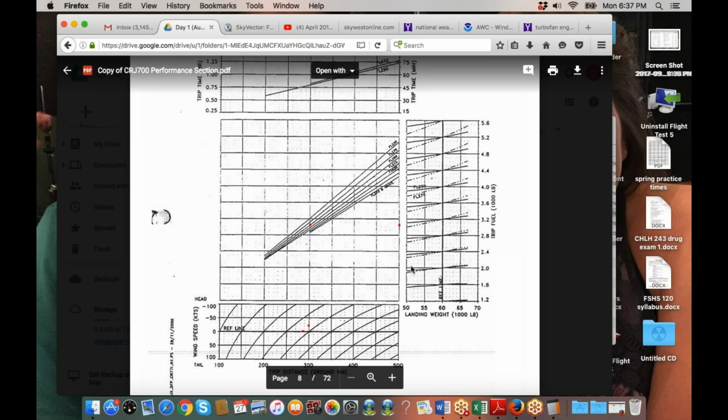So when we come over here, we're looking at a 6,400 pound landing weight. So we take this straight over here, and then we follow these lines up.